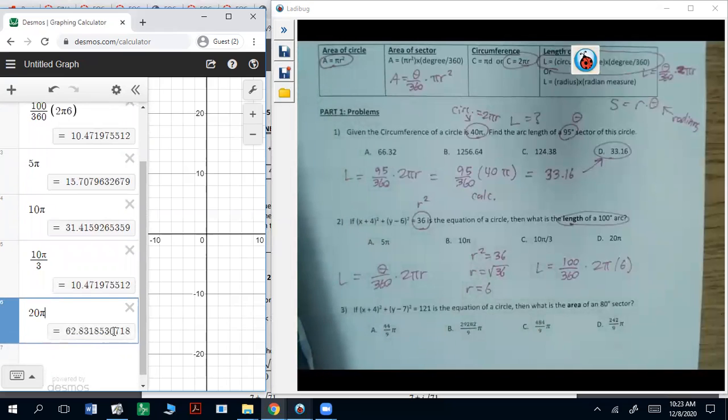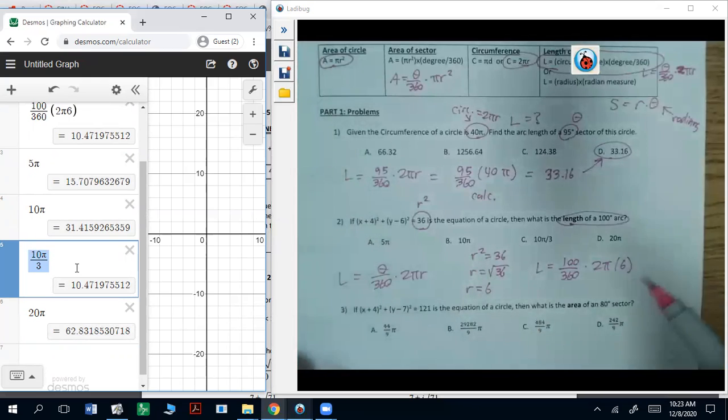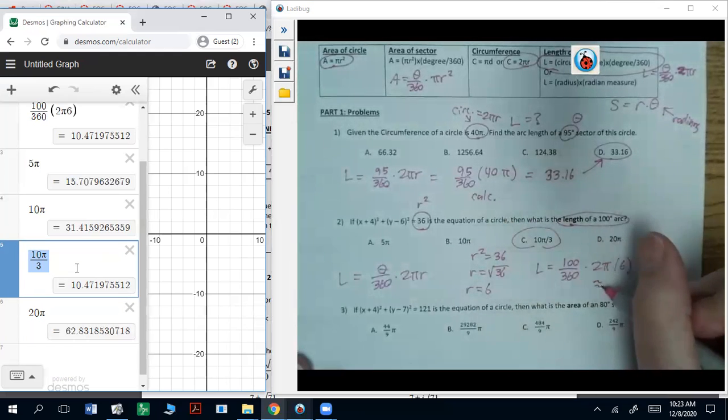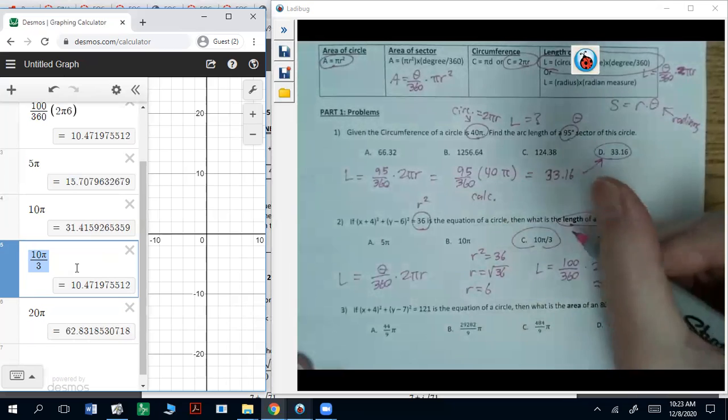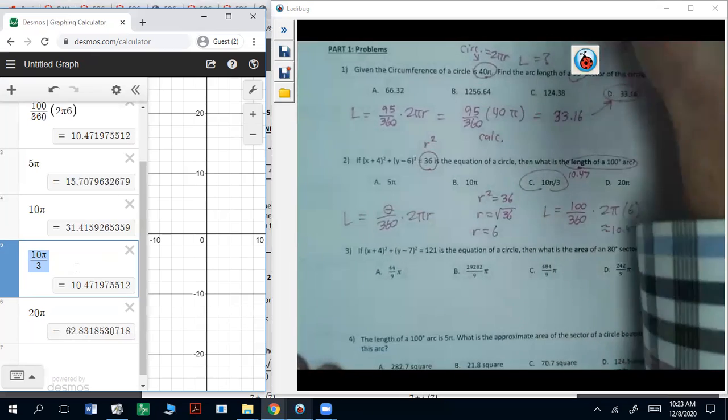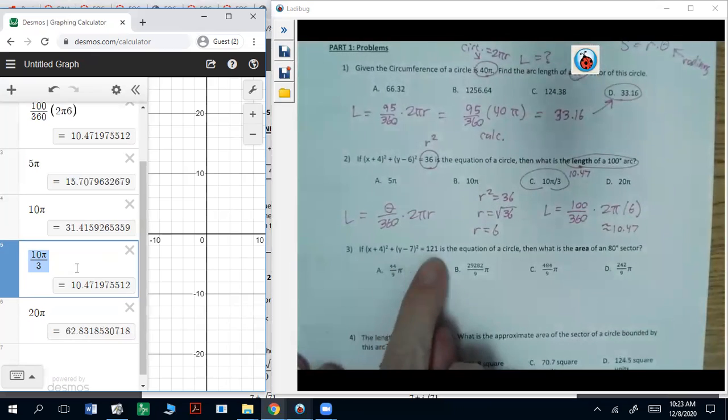And as you can see, the one that matches up is 10 pi over 3. As a decimal, that's approximately 10.47, which also is 10 pi over 3.